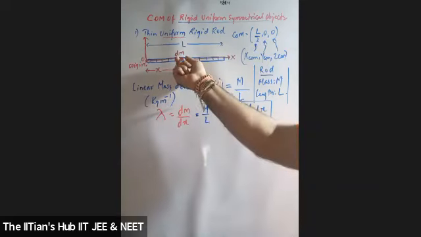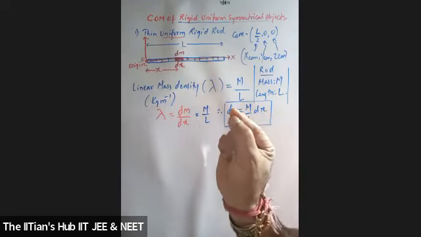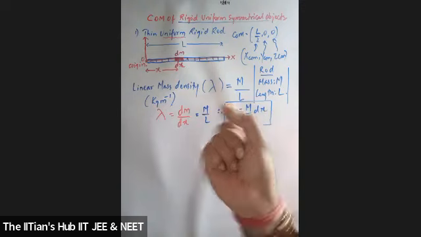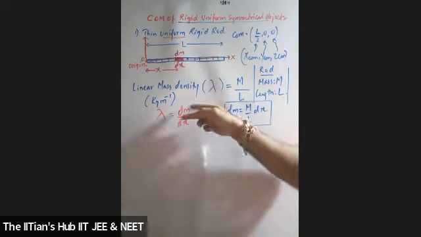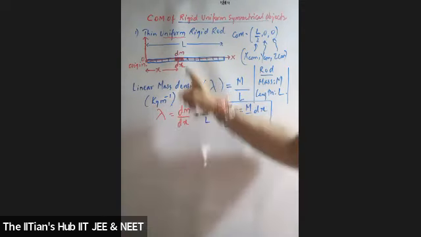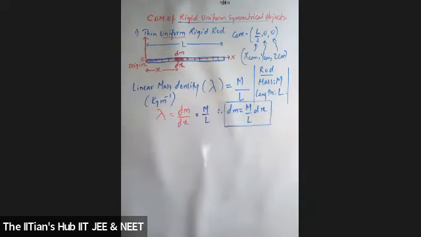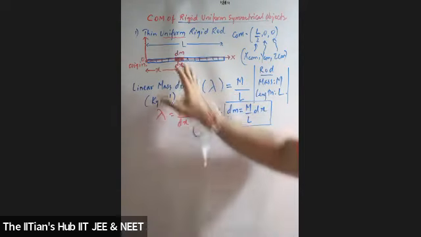Now if I take a small infinitesimal element of this rod, its length will also be very small, so its ratio will match as well. Let us say the element is placed at x equal to 0. Now how do I form a rod?